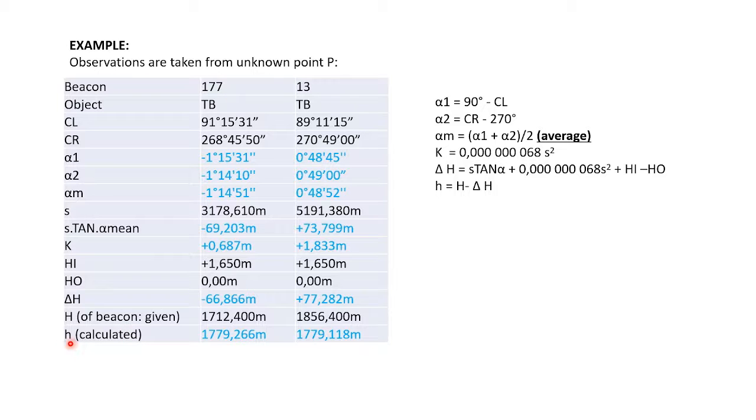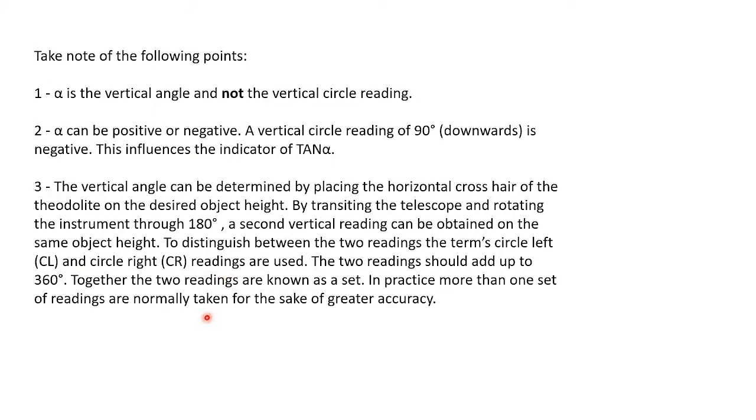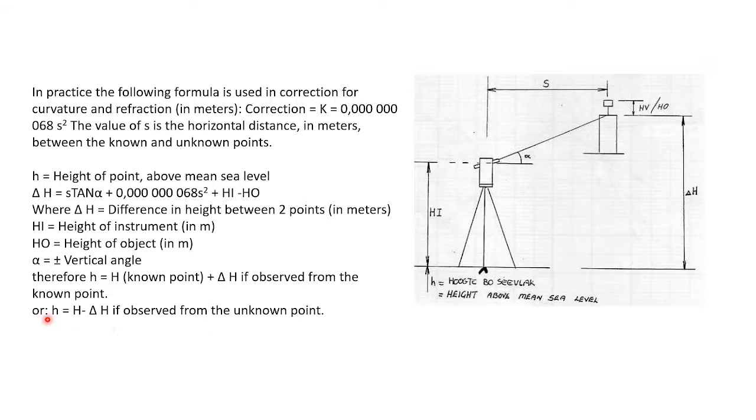So what you have to do now is you have to say H calculated, and H is a big H or capital H minus difference of h. So it is this H value minus this delta h. And the reason why it's minus, if I go back quickly, it is because it is from an unknown point.